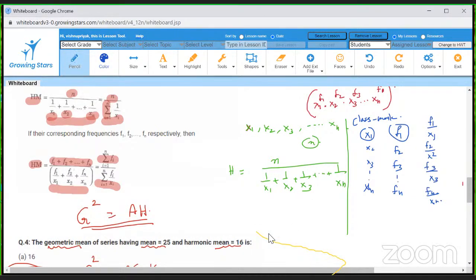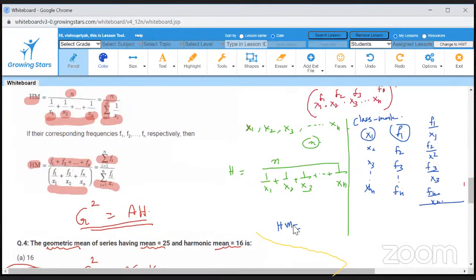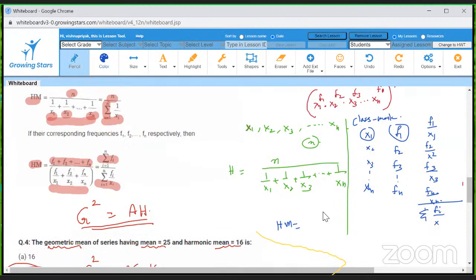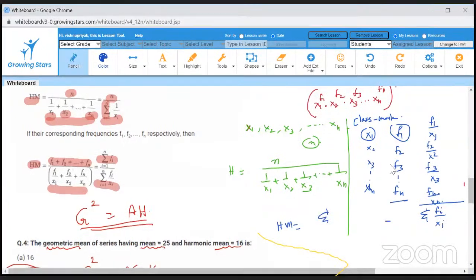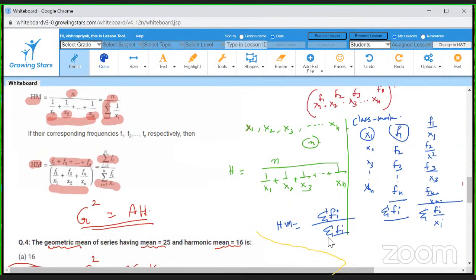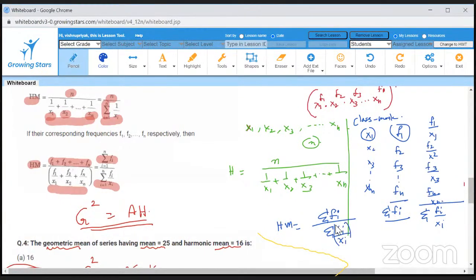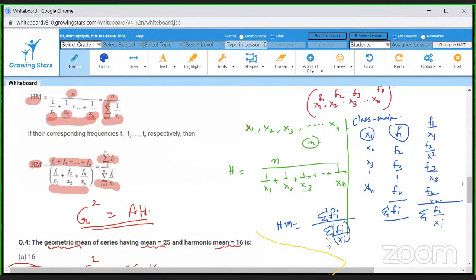Now the formula for harmonic mean: the numerator will be the sum of all the frequencies, sigma fi, and the denominator will be sigma fi by xi. This you take and find the harmonic mean.